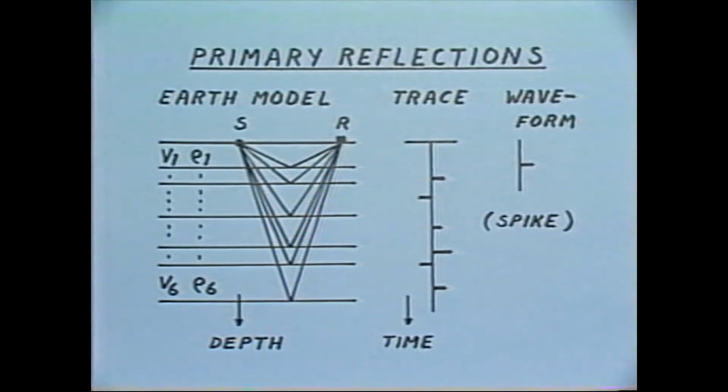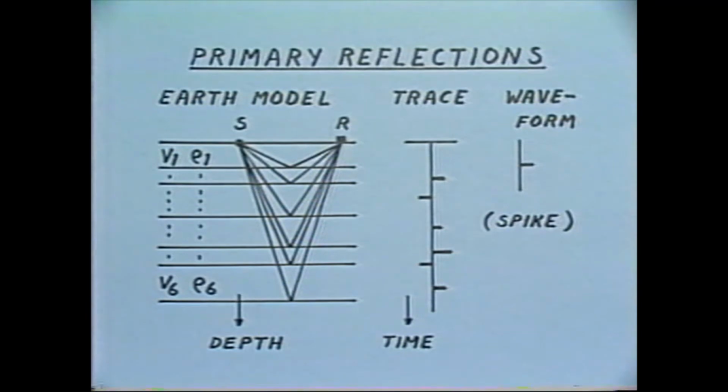So we're imagining a situation where the Earth is made up of a series of rock layers of different velocity and density in each layer, so that between each of those layers there is a reflecting interface which gives a reflection of the seismic energy. So we're getting reflection travel paths from each of those interfaces, and since there's only one reflection on that travel path, it is called a primary reflection.